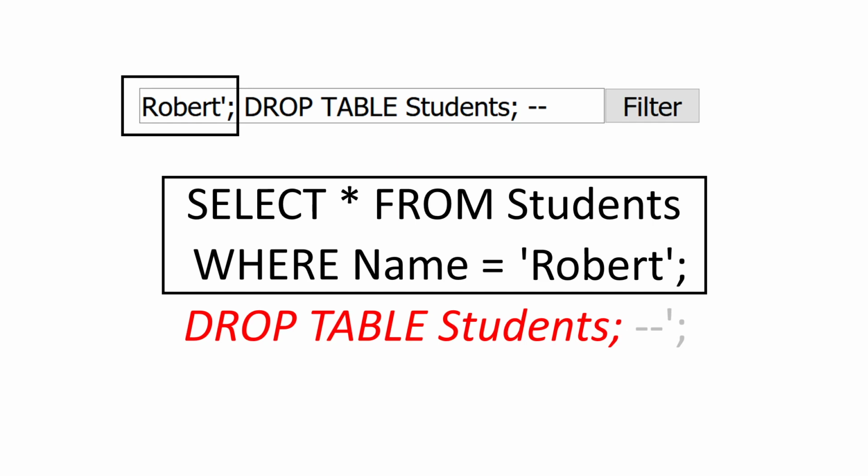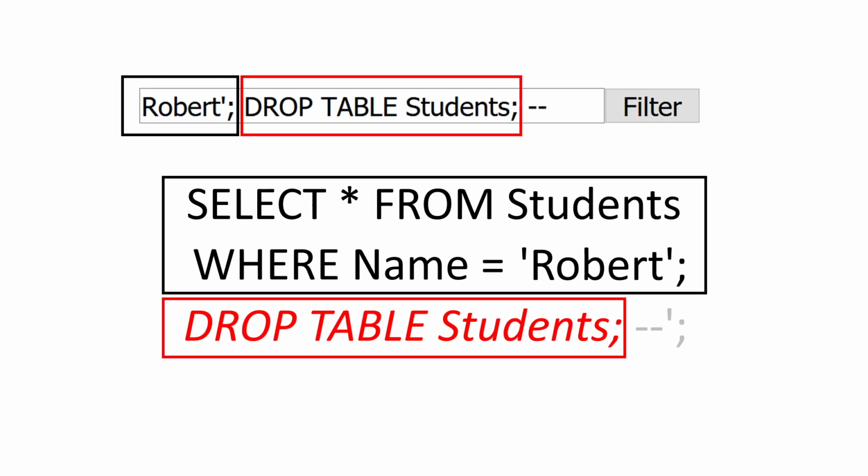Then it continues on parsing and sees a second statement embedded right after the first. Then the third portion begins with dash dash, which according to MySQL is a comment, which means ignore everything from this point on.